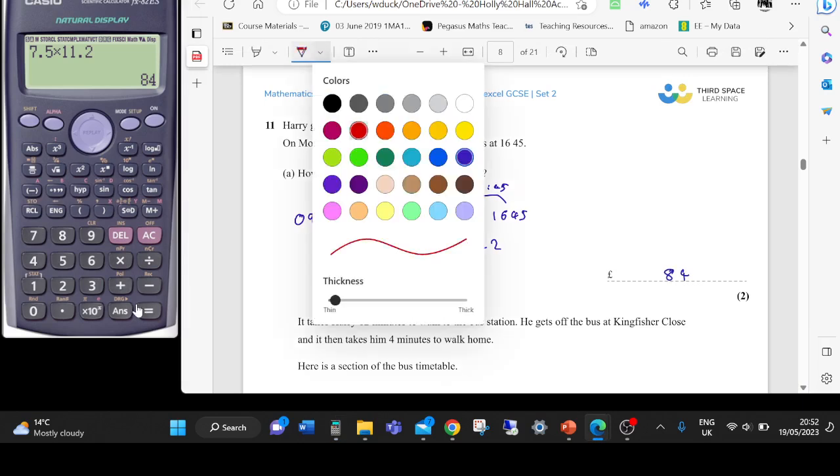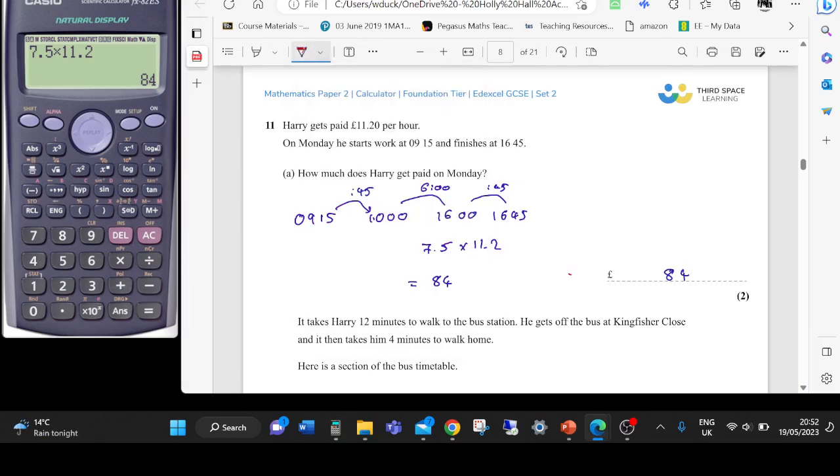And I'll show anyone that's particularly interested in this, I can work out this time difference using the time button on my calculator. So if I type it into my calculator as 16, then use the time function, hours 45 time function, and then I want to subtract from that 9 time function, 15 time function.